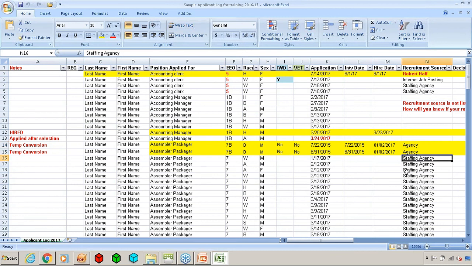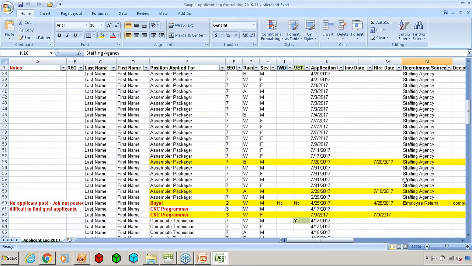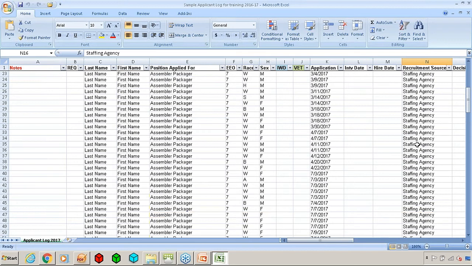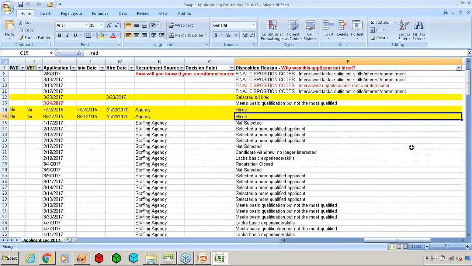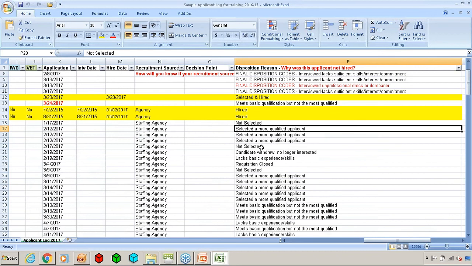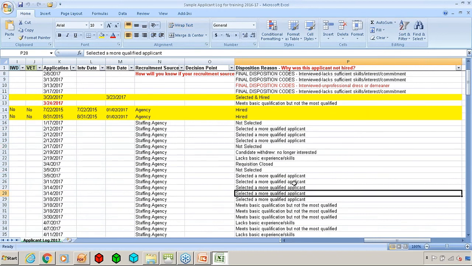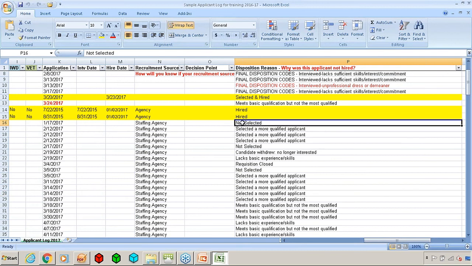So the people that are using staff agencies, the example of the one individual that had the question on the staff agency, you want to have an agreement with your staffing agency and that they are posting jobs for you on your behalf with your diversity recruitment sources, including the State Employment Office. In this case, the agency is also assisting with these disposition reasons, so they're tracking them.